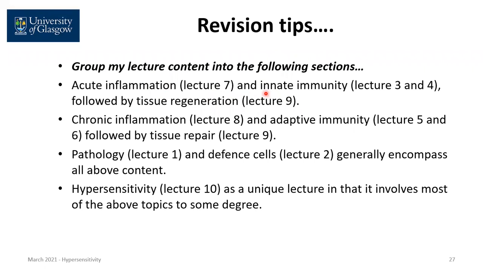And this should give you an idea of how the immune system responds straight away in a certain disease. The second thing I would then group together is the chronic inflammation lectures and also the adaptive immunity lectures, so lectures 8, 5, and 6, as obviously there is a prominent role for the adaptive immune response within the process of chronic inflammation.